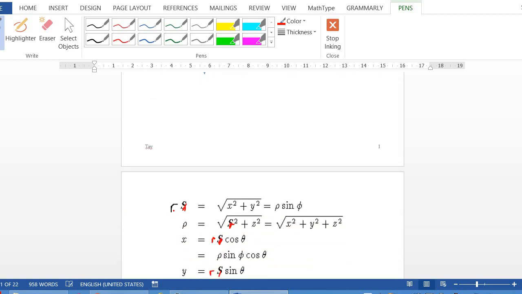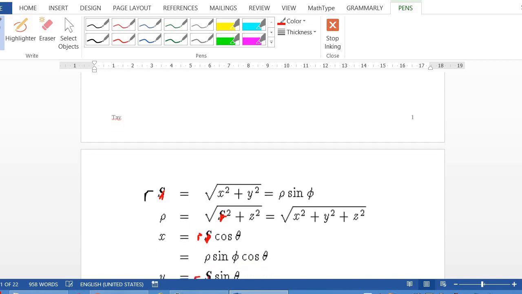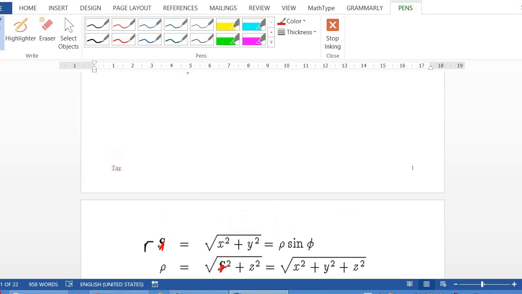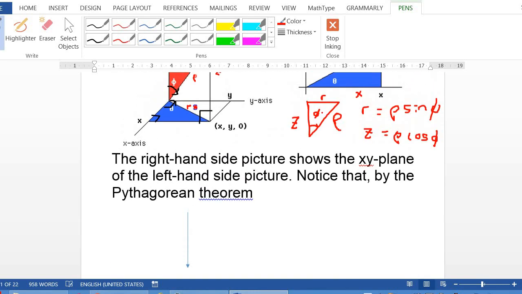So now we have r is rho sin phi. From polar coordinates, you know that r squared is x squared plus y squared. And in spherical coordinates, rho is the square root of r squared plus z squared. How do I get that? It is from this triangle.